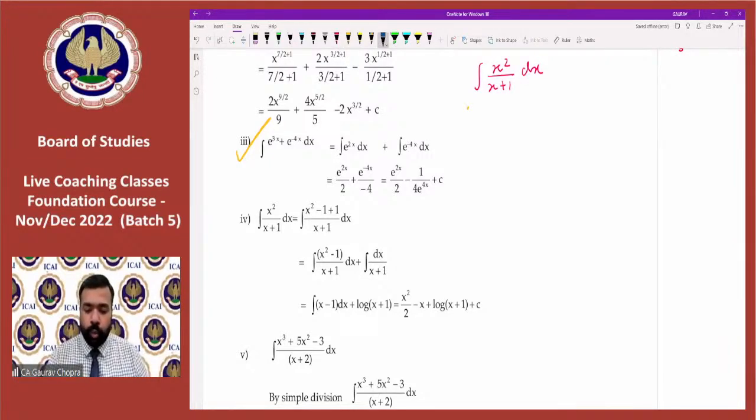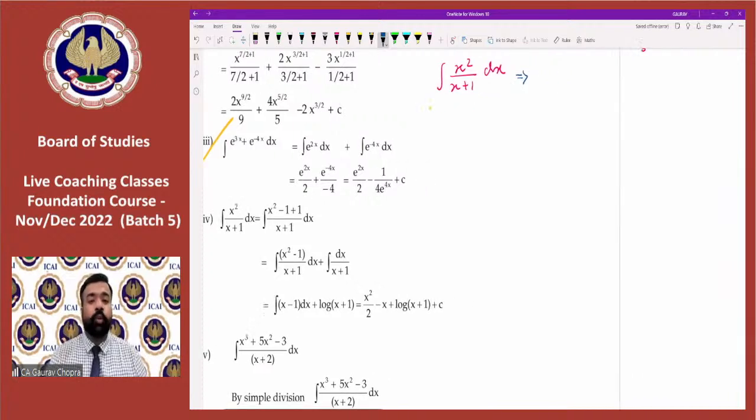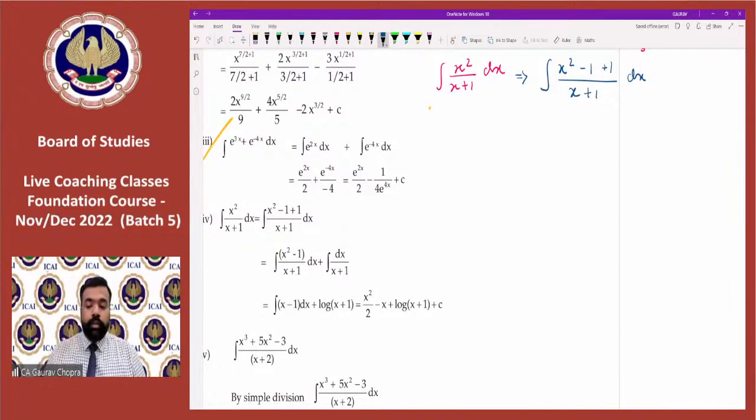So what we are doing first is adding 1 and subtracting 1. x square, adding 1 and then subtracting 1, and then divided by x plus 1. So this is the first step we have done. Added and subtracted, this makes no difference, but we can split them now.